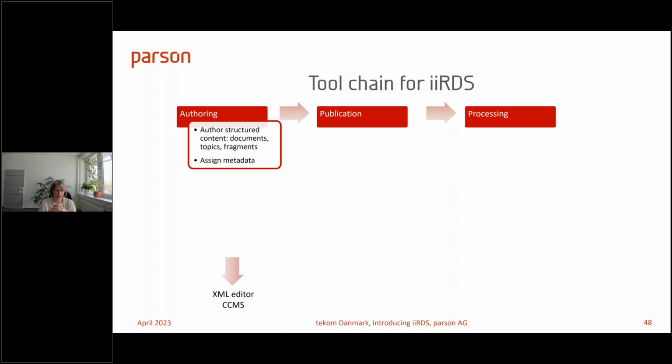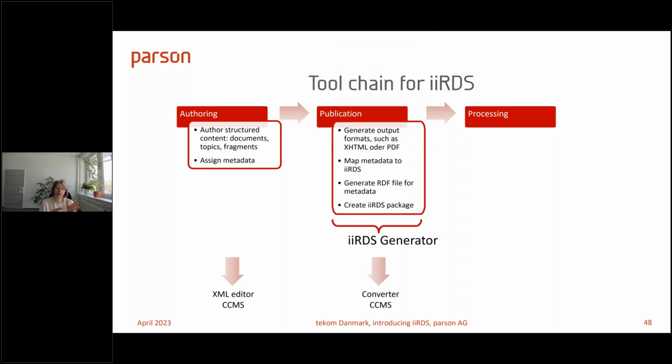Usually technical communication people work with XML editors or component content management systems, but you could also assign metadata to other source formats like Markdown, AsciiDoc. It's just more complicated. But XML is a good basis for structured content and for smart content.